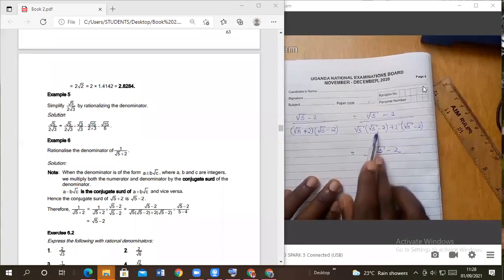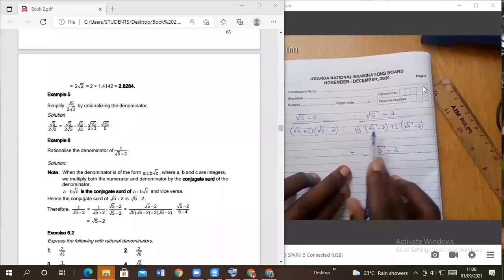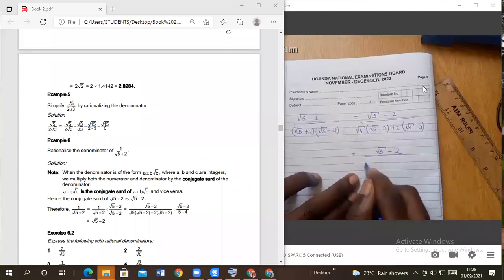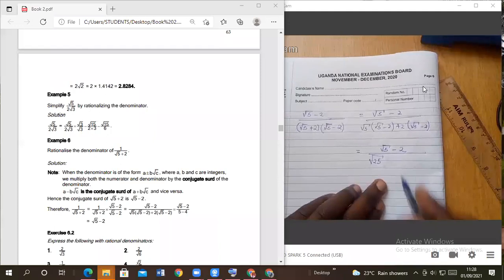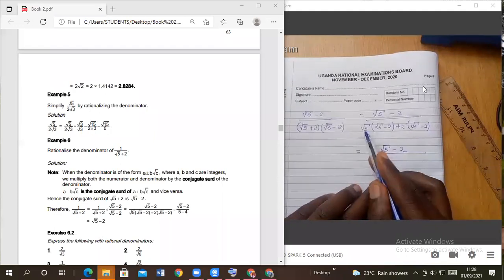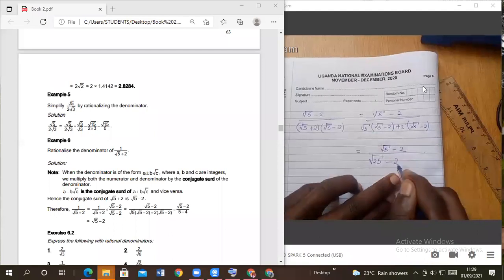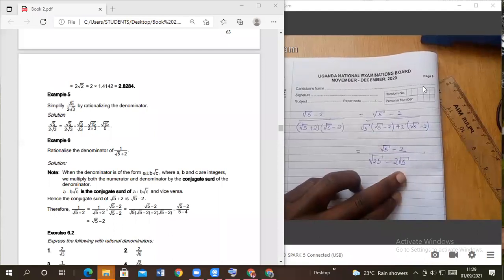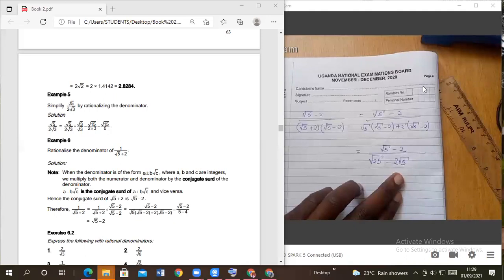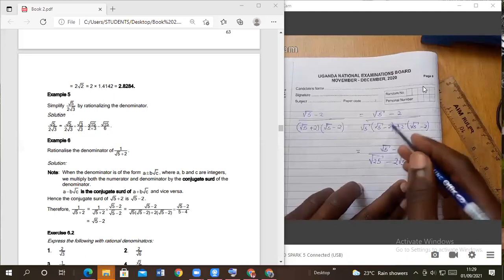Now, the next step is to open these brackets. Root of 5 times root of 5, what do we get? We get root of 25. Minus root of 5 times 2, what do we get? We shall get 2 root of 5, not root of 10.